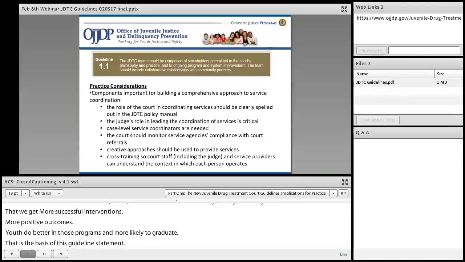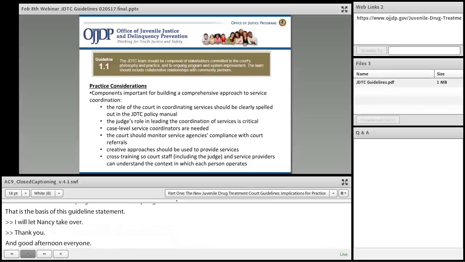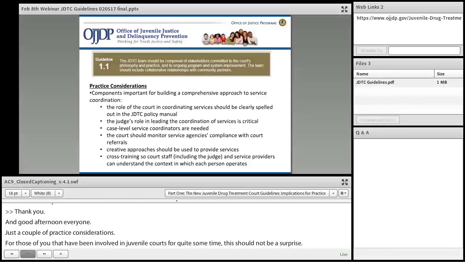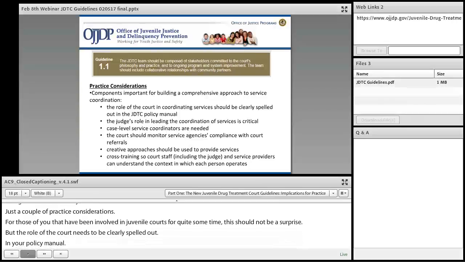Thanks, Roger. Good afternoon, everybody. So just a couple of practice considerations here. For those of you who have been involved in juvenile drug treatment courts for quite some time, none of this will be a surprise to you, that the role of the court in coordinating the services needs to be clearly spelled out in your policy manual. The court's responsibility to oversee the delivery of services is critical.